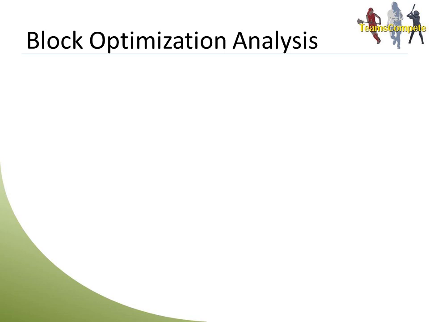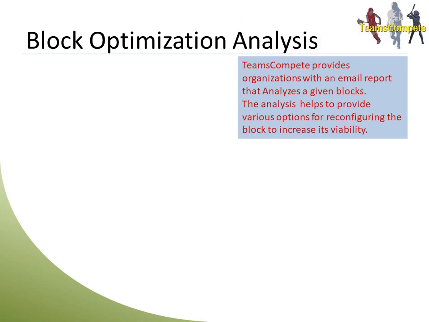So how does your organization make a decision about how to best organize your blocks for the season? Well, TeamsCompete is here to help. For some larger blocks with low viability, TeamsCompete may provide your organization with an emailed analysis of the block. Blocks that have only 2 teams can't be optimized any further and aren't reported.